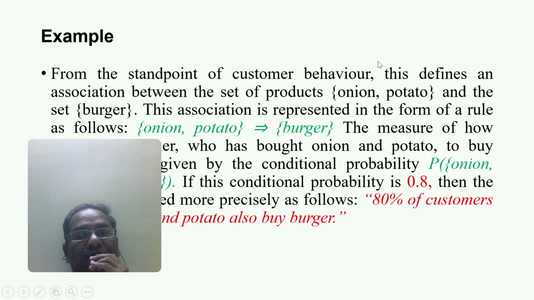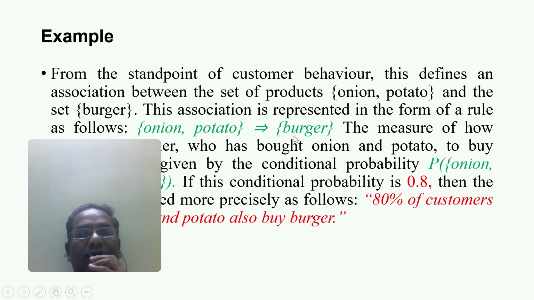This example stands for customer behavior, which defines a set of products like a combination of onion and potato, and a burger. That means these three come under one association to form one product, entity, object, or attribute.